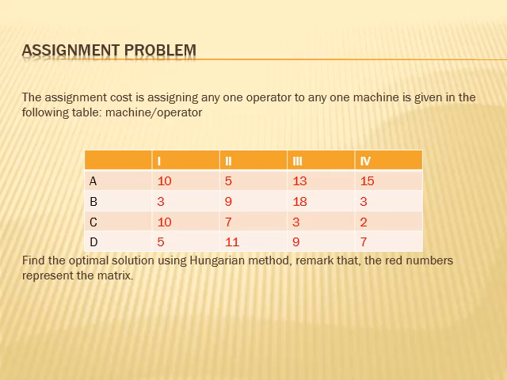Each operator is assigned to one machine, and each machine should be assigned to one operator, as we mentioned before, on the basis of 1 to 1. Now we are going to apply the Hungarian method using the previous steps or instructions.